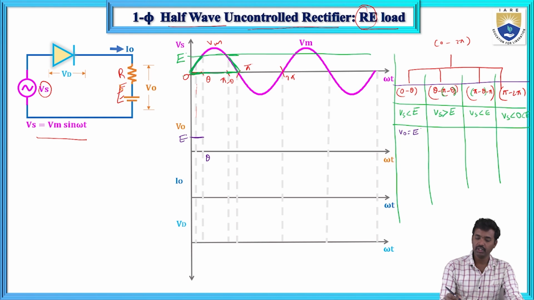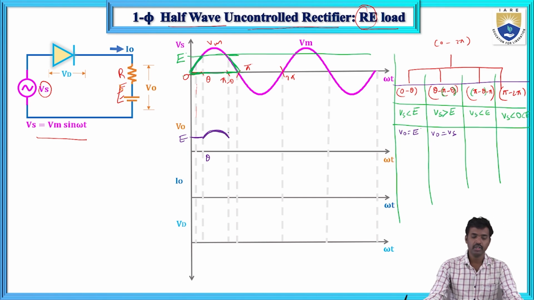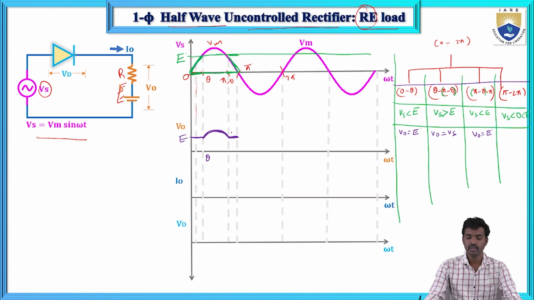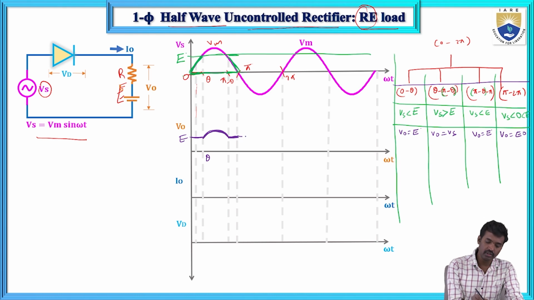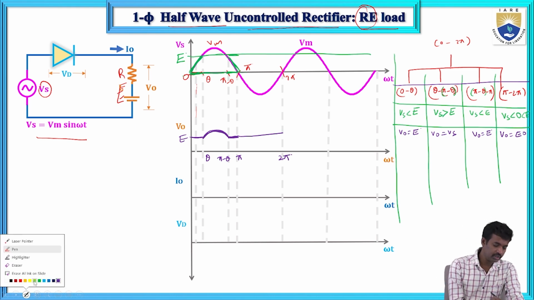But when Vs is greater than E, V0 equals Vs. Then in the next range V0 equals E only, and in the range pi to 2 pi, V0 equals E only in this case also.